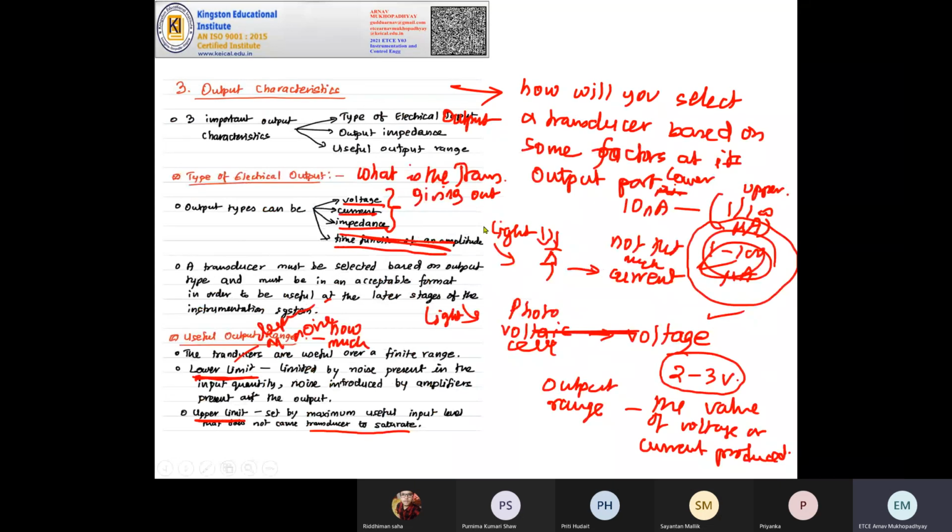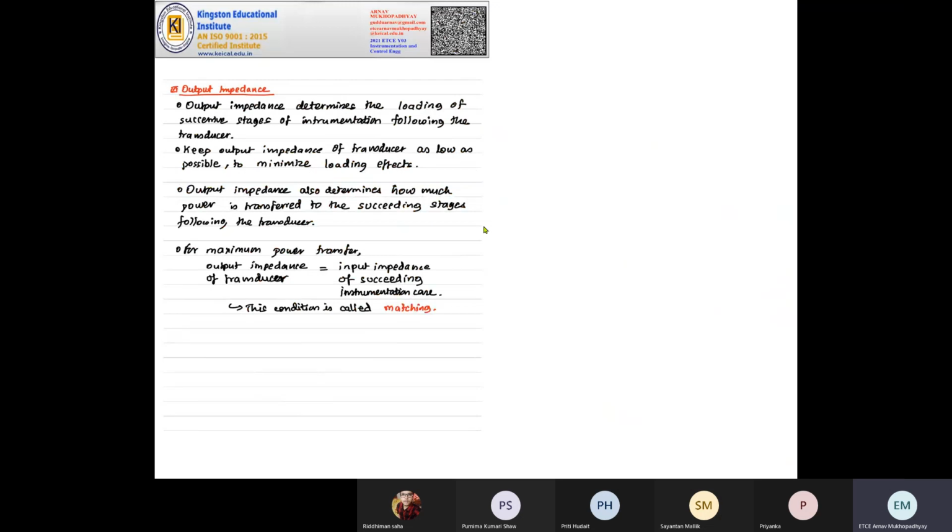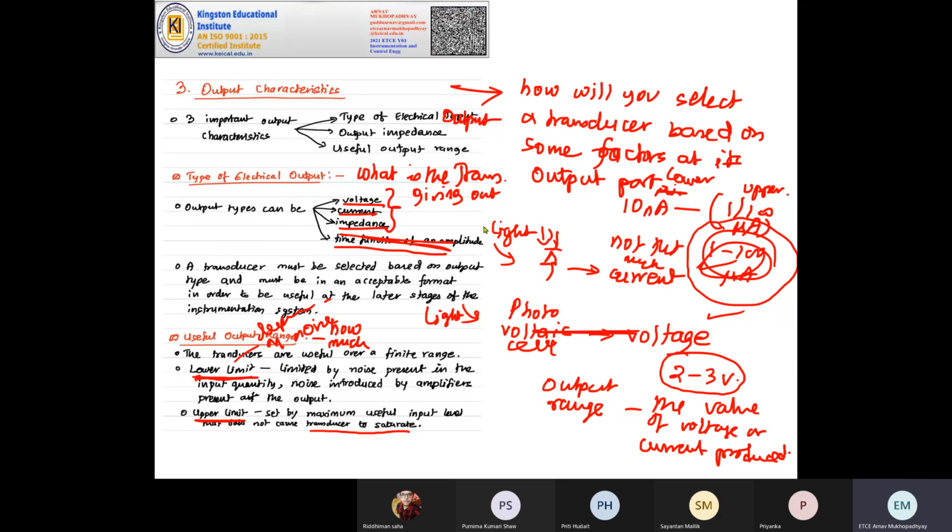So I will stop here now. I will take you for 1 minute. Up to 42 I will take the class. Is there any problem up to here in output characteristics? Any problem, any question?